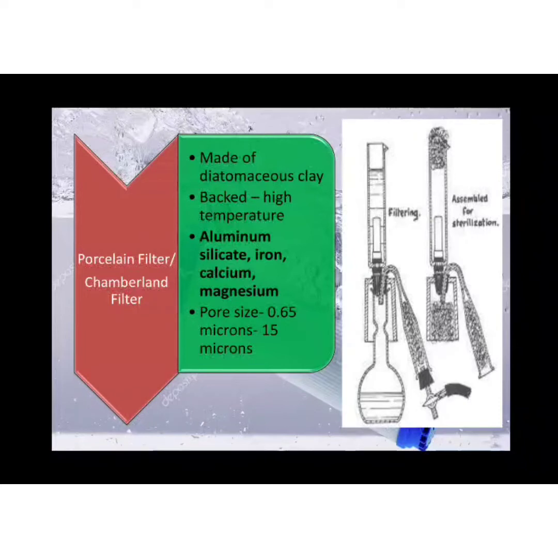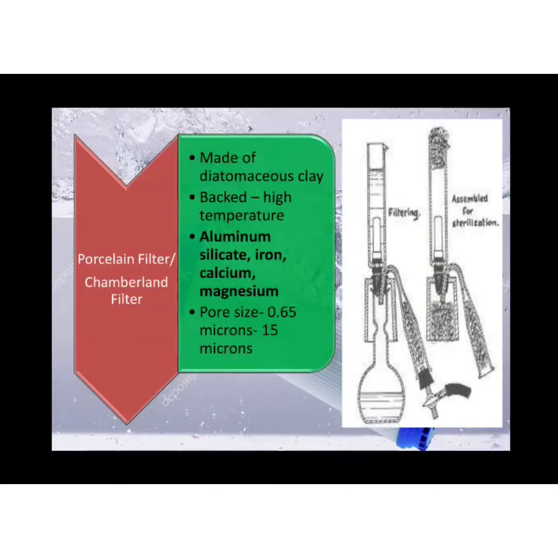When you do this, a pore size of 0.65 to 15 microns is reached. Now with this pore size, you will be able to filter out the microorganisms or unwanted materials.